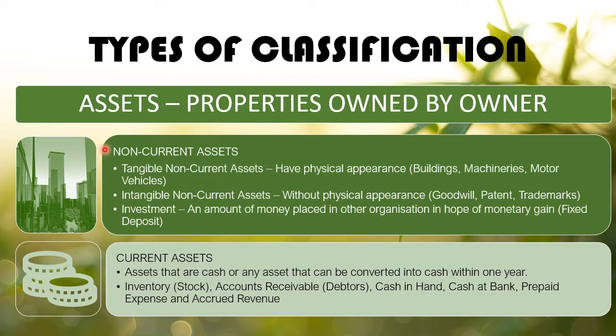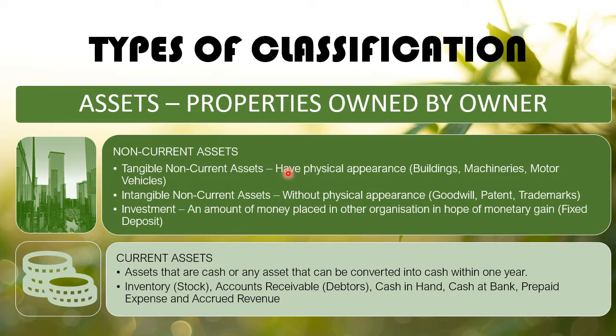For non-current assets, we can further categorize them into three types, which are tangible non-current assets, intangible non-current assets, and investments. Tangible non-current assets are the long-term assets, with a life of more than 1 year, that we can see and touch.